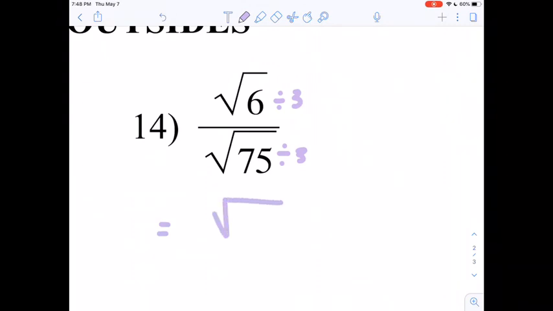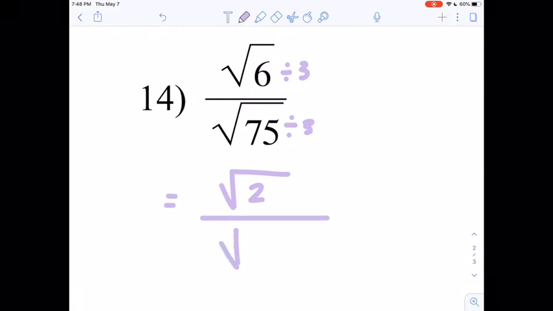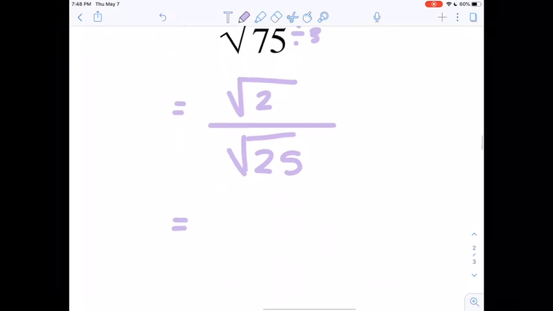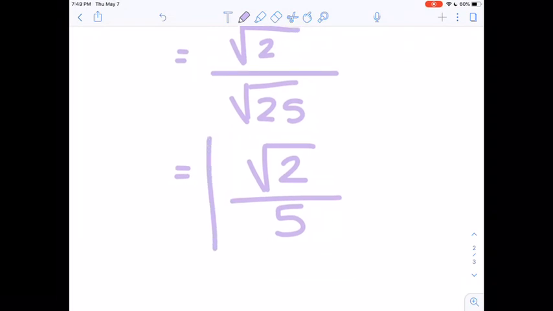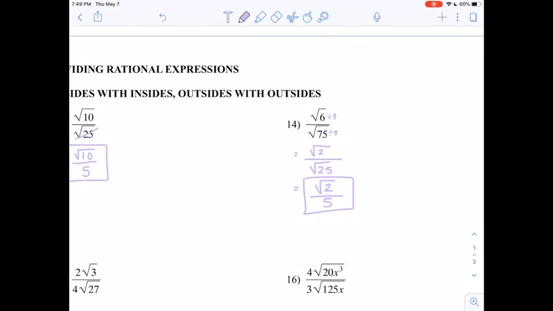They're still going to be inside the square root, so I could change this to the square root of 2 over the square root of 25. Now I see I have a perfect square in the denominator, so I'm going to simplify that, and that's going to become 5. I cannot simplify the square root of 2, so that's your final answer for that one.